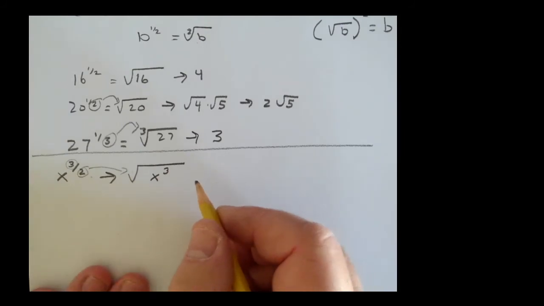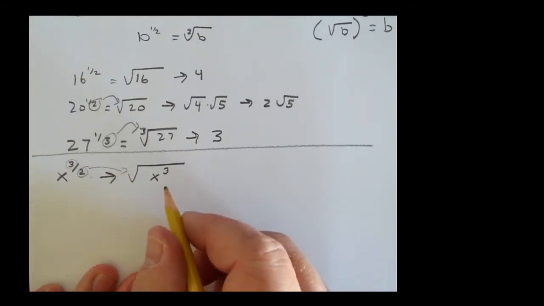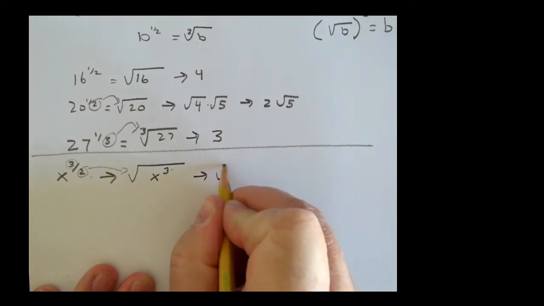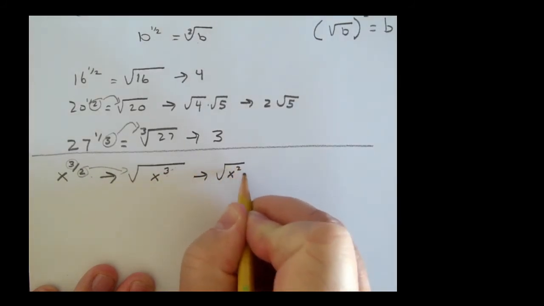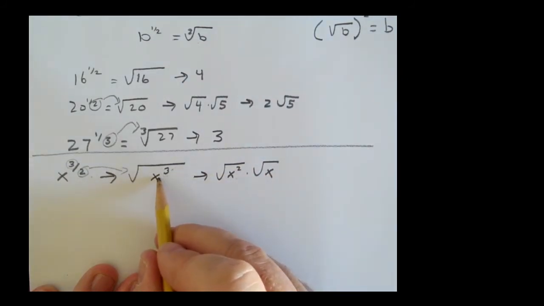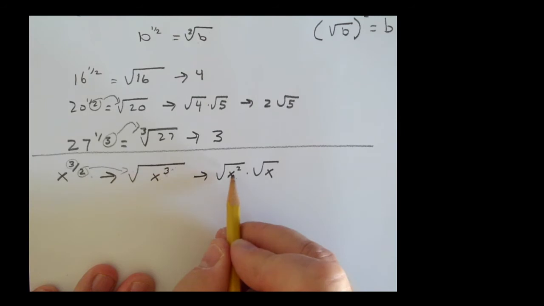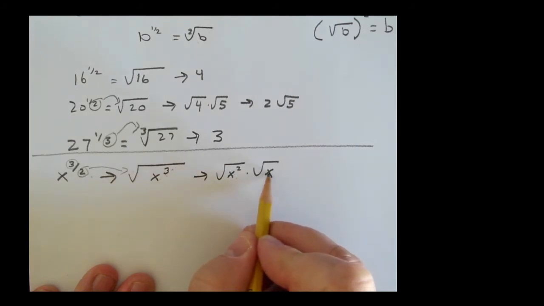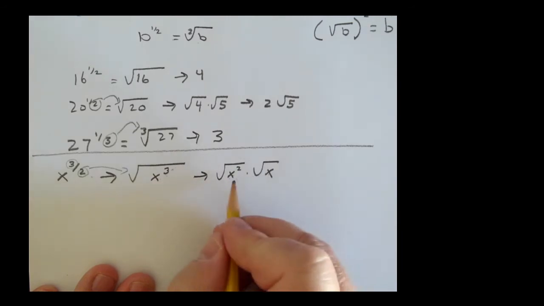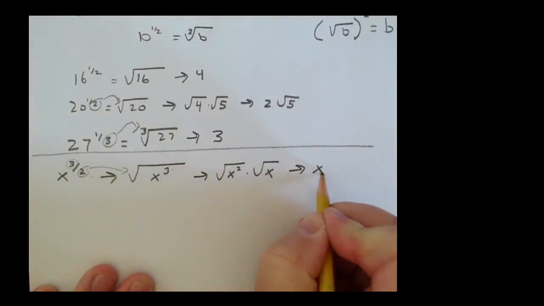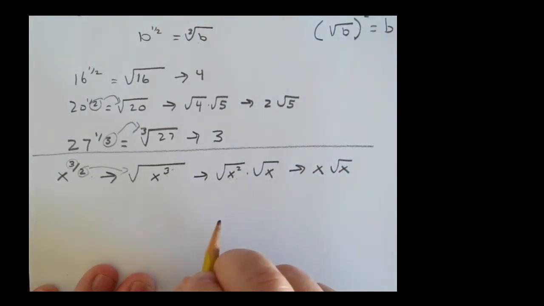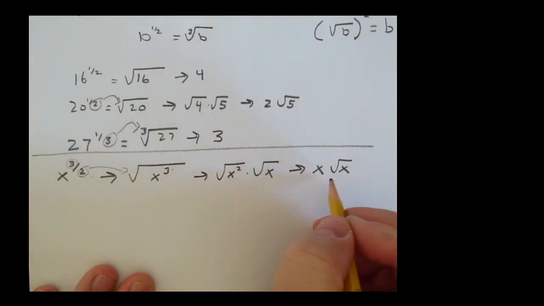Now, we learned in a previous section how to deal with this, right? If we were going to simplify this: square root of x squared times x, right? And so x to the third, x squared times x to the 1, so there's our x to the third broken down. We know that the square root of x squared is x times the square root of x. So we kind of leave it like that.